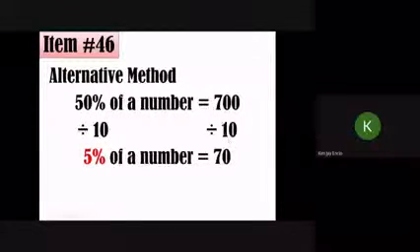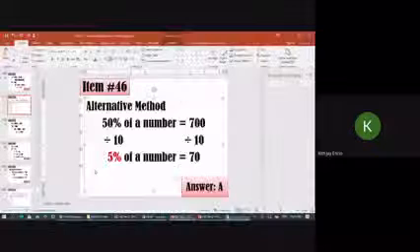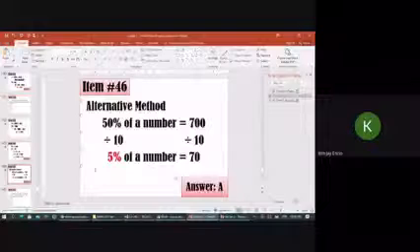That happened because 700 was divided by 10. And by direct proportion, 50% should also be divided by 10, which is 5%. Still letter A.